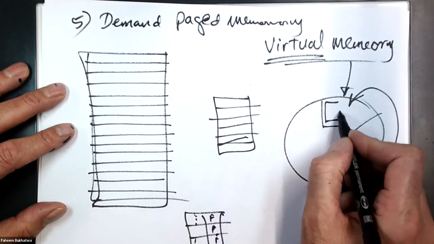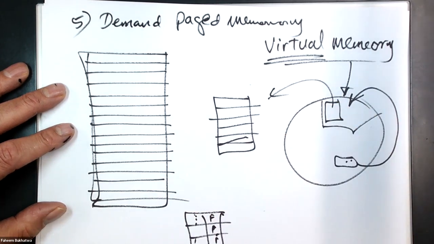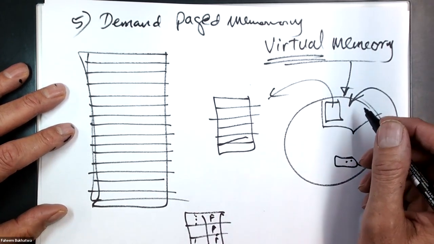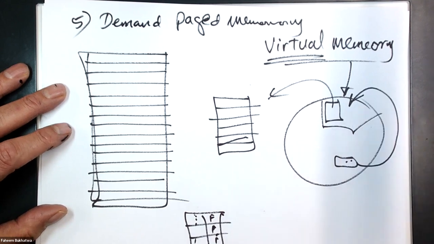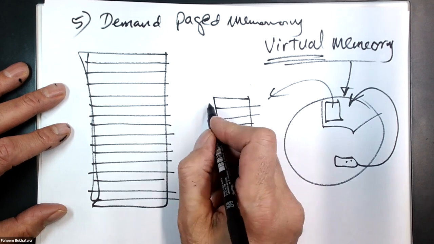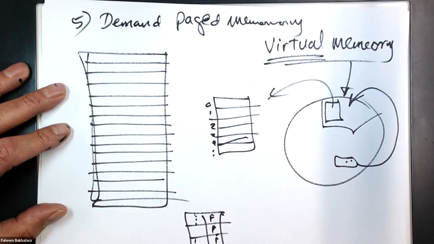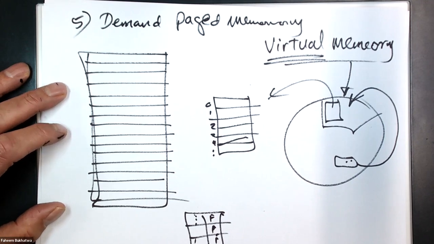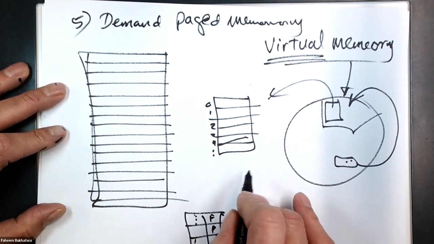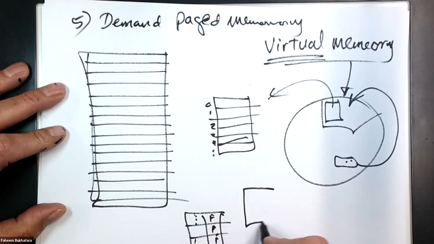So we put the program there, and I'm just going to show you what the program might look like. The program is divided into pages in virtual memory, and the pages are numbered 0, 1, 2, 3, 4, 5, and so on, as many pages as the program needs. And of course, in main memory, we do have a table.